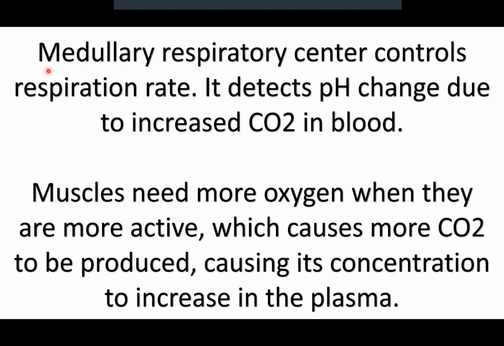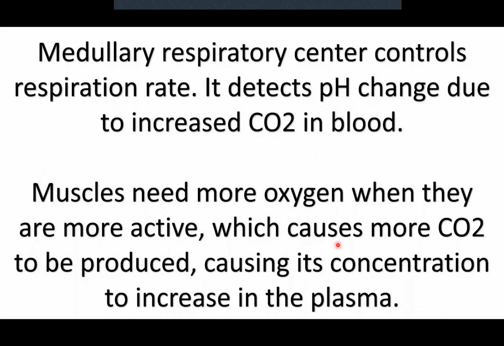So how is breathing and respiration controlled? Part of the brainstem, the medullary respiratory center, controls the respiration rate, your breathing rate. It does this by detecting the pH change in the blood due to changes in the carbon dioxide concentration. So muscles need more oxygen when they are more active. They need more energy, so they need more oxygen to produce more energy.